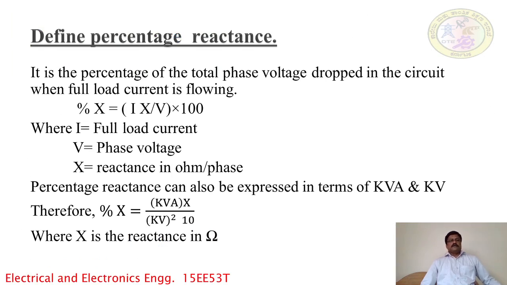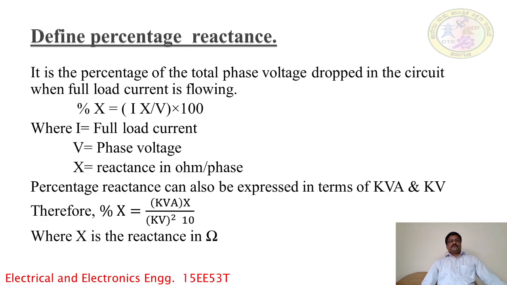So another important definition, percentage of reactance. Percentage of reactance is very essential for every element of equipment connected in the power system. It is defined as the total phase voltage dropped in the circuit when full load current is flowing through the system.